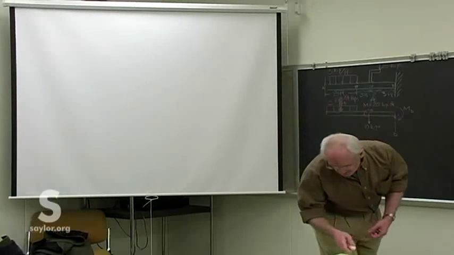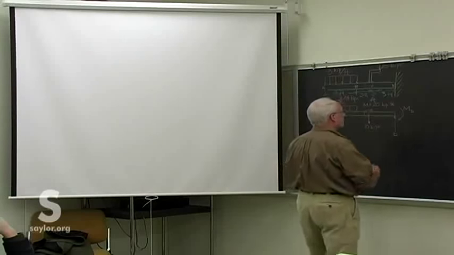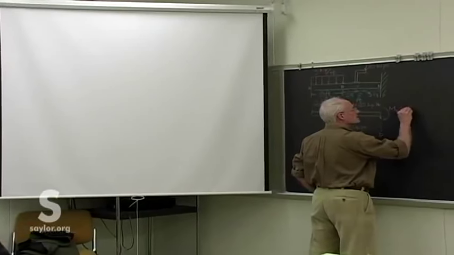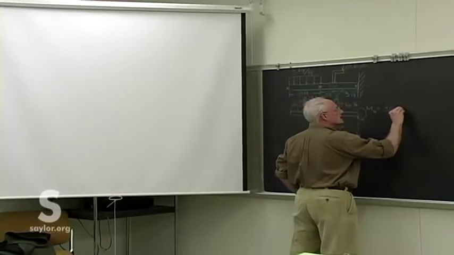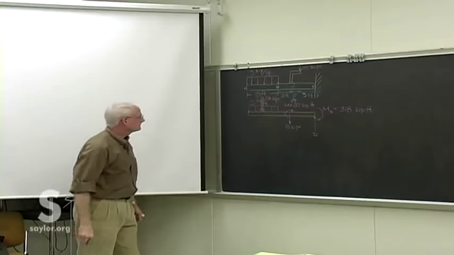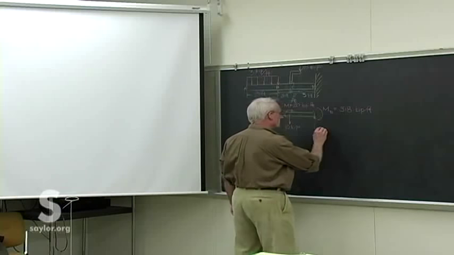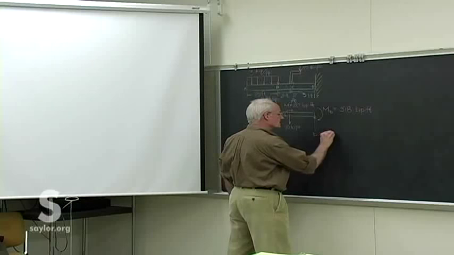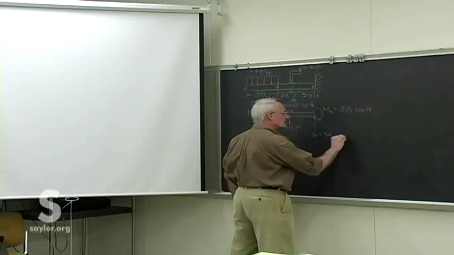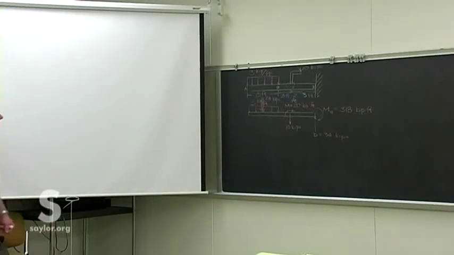Once you do that, solve for the reactions, you should get that this is 318 kip feet in that direction, and the reaction in D is 34 kips. All right, you can double check those.